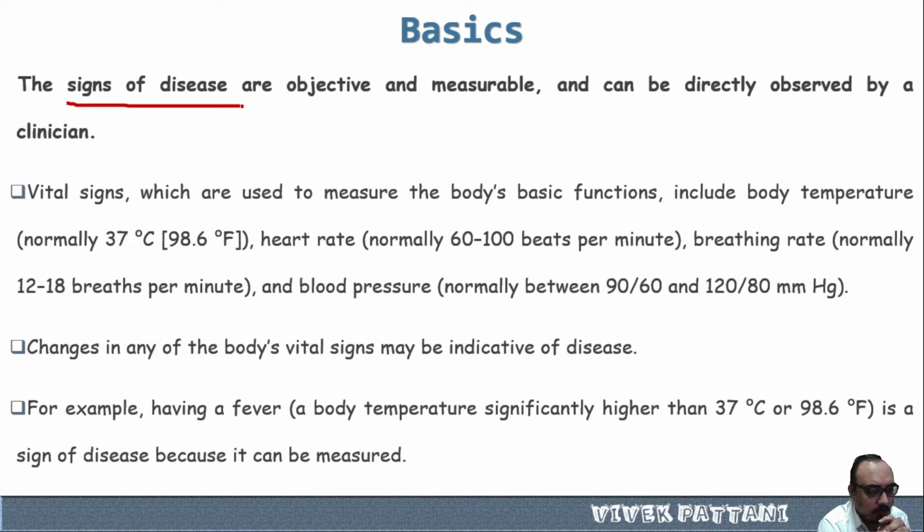He may have some problems which can be measured, such as his body temperature being high, or his breathing rate being high. These are basically the signs of a disease.